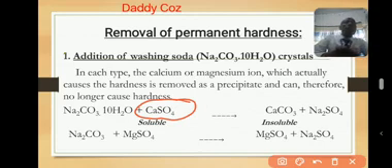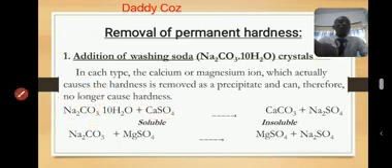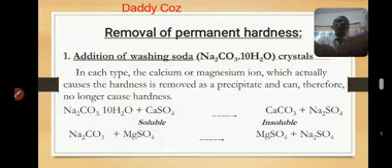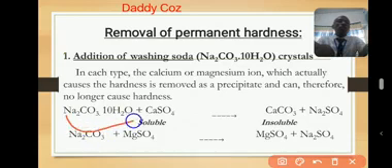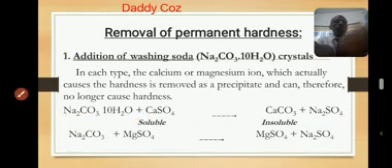By adding washing soda. When you add sodium carbonate to calcium sulfate, the sodium replaces the calcium and forms sodium sulfate. Sodium will meet calcium, a normal reaction that you already know.